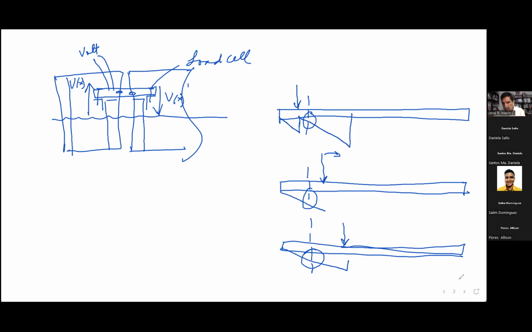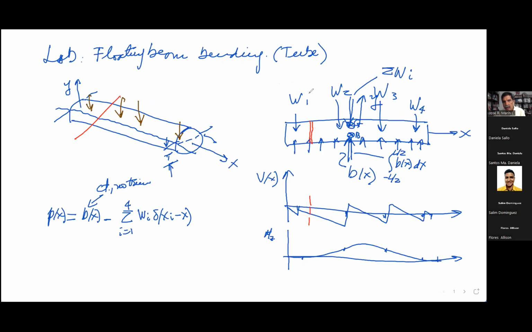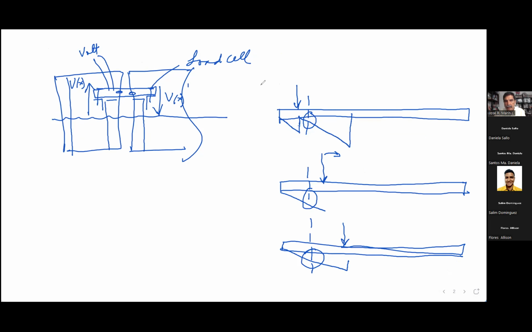Here is W1. So I'm showing you this W1. It's the same W1, but what I do is I move it along the x-axis. The other three forces, this is W2, W3, and W4 is about here.